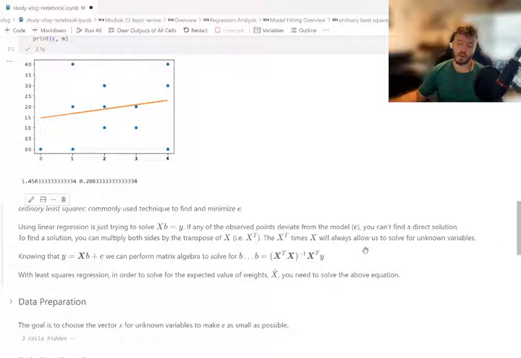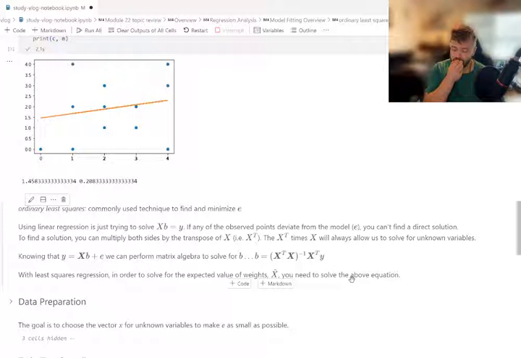I'm trying not to read this verbatim for you. Basically, after a little bit of algebra and proofing, we end up with this formula where beta equals (X transpose times X) inverse, times X transpose y.